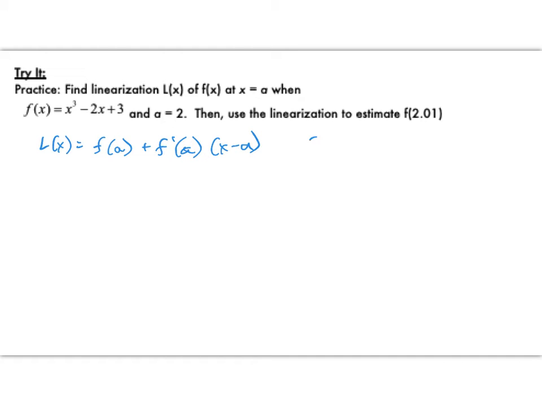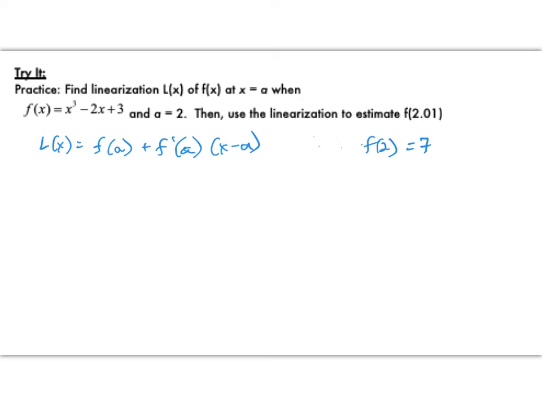Well, we need f of a first, and in this case, that's going to be f of 2. I think I can go ahead and erase that f of a, probably not needed for this particular problem. Let's see what f of 2 is. 2 cubed is 8, 8 minus 4 is 4, yeah, it's going to be 7.